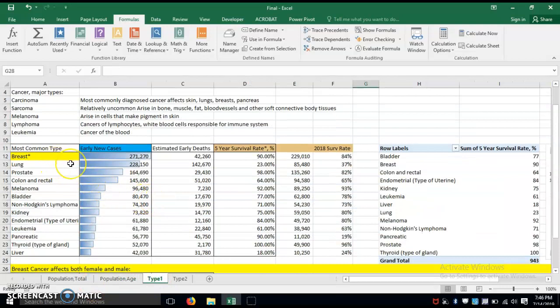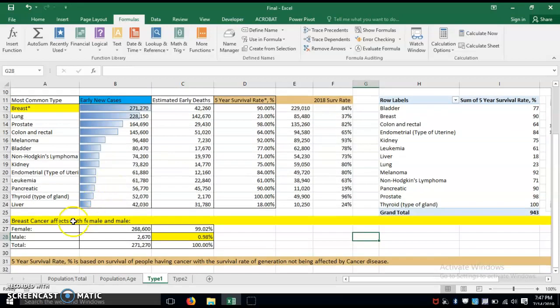So breast cancer is the most popular, and it's important to say that breast cancer affects males and females as well. However, out of a total of 271 cases, less than 1% belongs to males. I personally didn't know about this before I did that research.